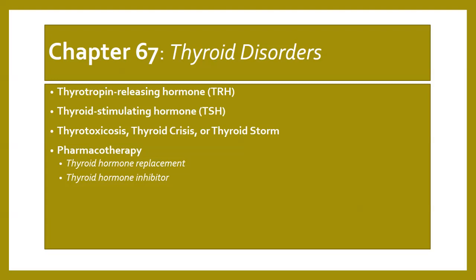There are 3 different types of hypothyroidism: primary, secondary, and tertiary. Primary is the most common, and it's caused by a dysfunction of the thyroid gland. Secondary hypothyroidism is due to a pathology of the pituitary gland. Tertiary hypothyroidism is a result of the disorder of the hypothalamus.